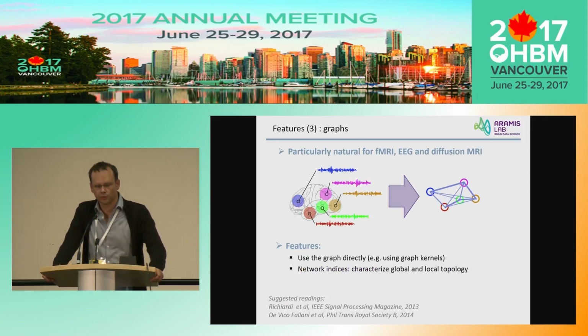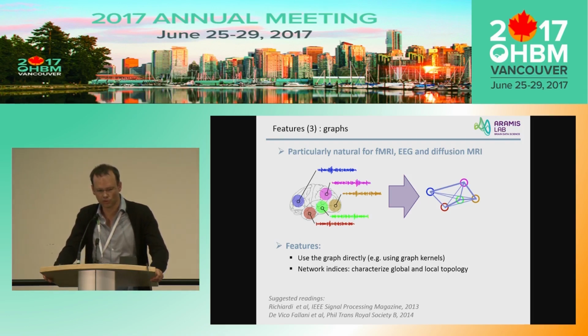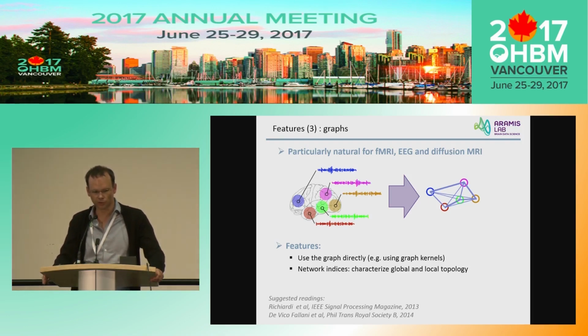Another type of features that is relatively natural also, in particular for fMRI, EEG, and diffusion MRI, is to use graphs where you would encode the connectivity between distant brain regions using a graph. And then for machine learning applications, you can either use the graph directly, but then you will need to have a learning algorithm that can work on graphs.